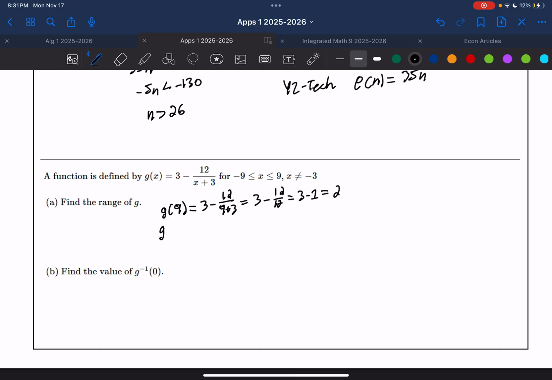And then g of -9 is equal to 3 minus 12 over -9 plus 3, which is 3 minus 12 over 6, or 3 minus 2, which is 1.